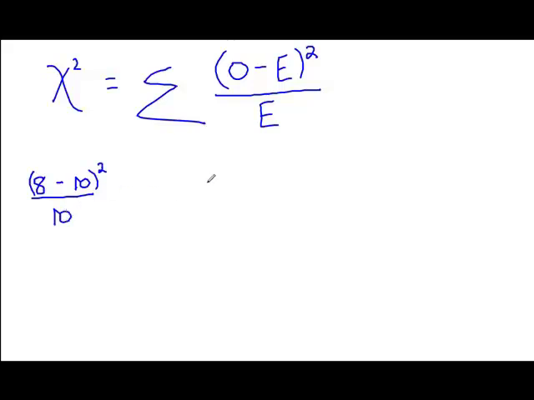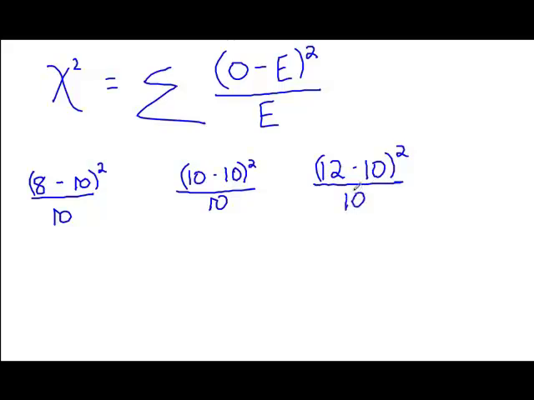The second value was 10. Its expected value was 10. Subtract and square. Divide by the expected value. Then we take the third, which was 12. 12 minus the expected of 10, subtract, and square, and divide by its expected value. The sigma means add. So we add all these together.